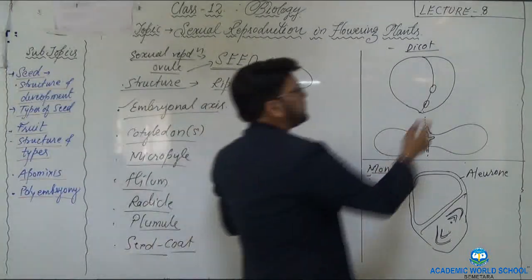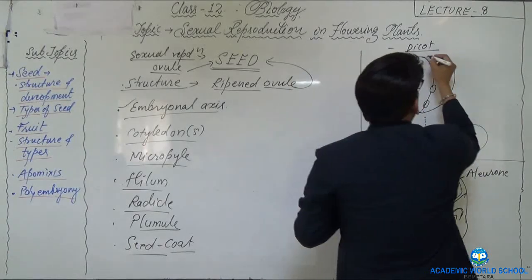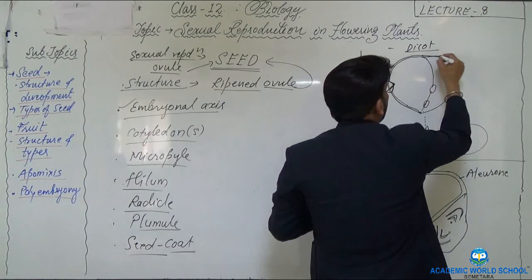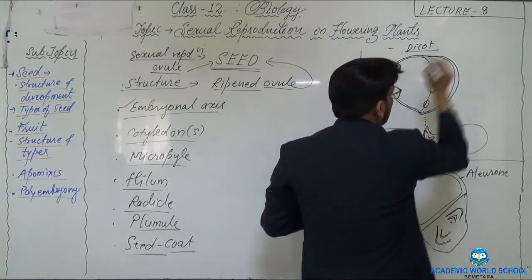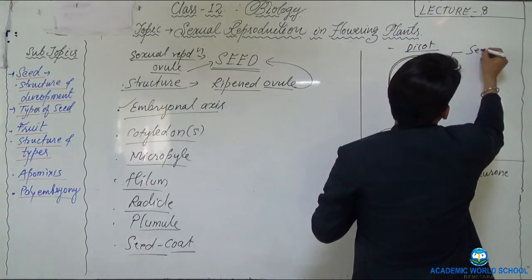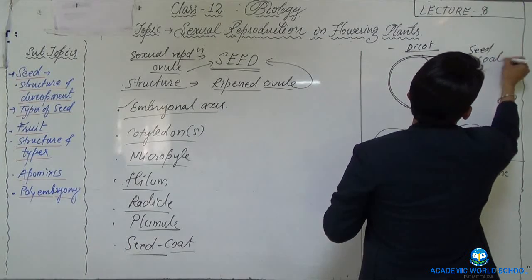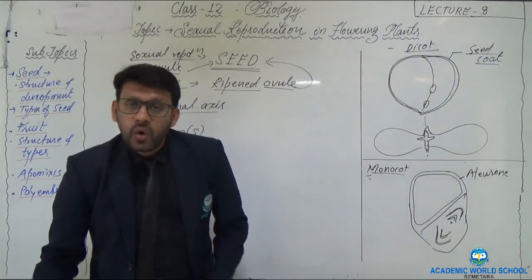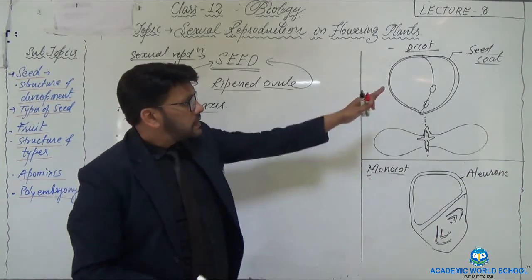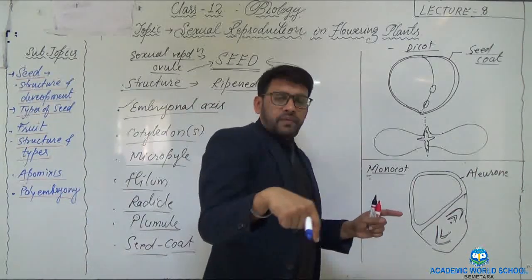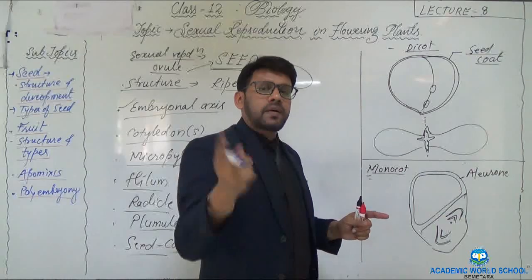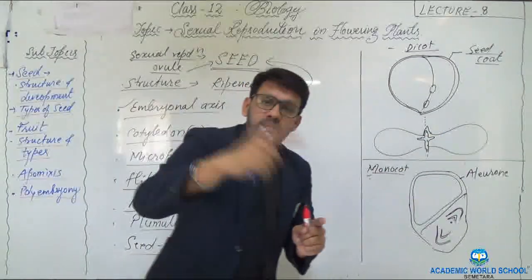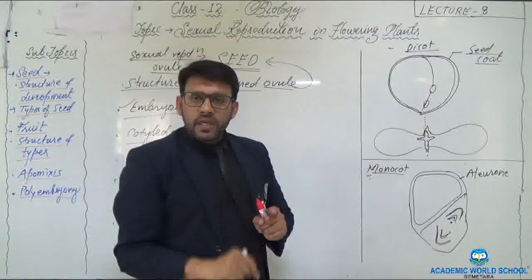So you can see here, this is the outermost. If I draw one layer around this, this represents the seed coat. So seeds have the outermost structure that we call seed coat. What is seed coat? In my previous lecture I told you about the changes of different parts. There I told you the ovule has the outermost covering that we call integument.